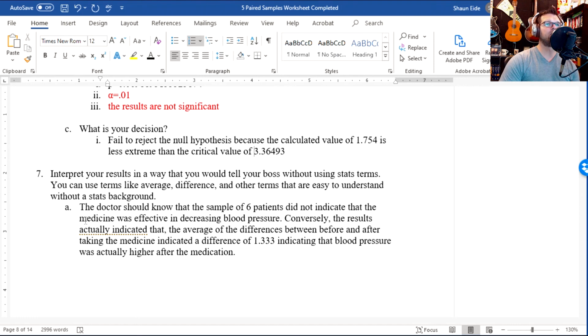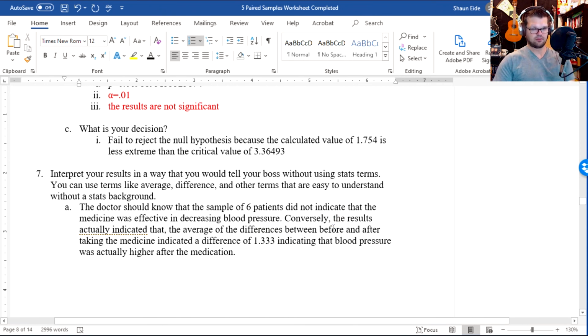The doctor should know that a sample of 6 patients did not indicate that the medicine was effective in decreasing blood pressure. Conversely, the results, well, this is once again because I messed up the tail before.